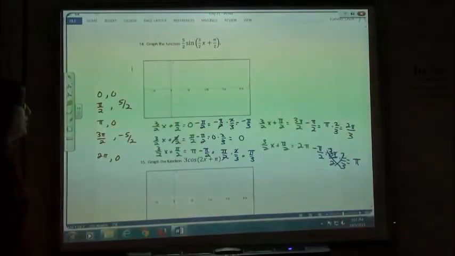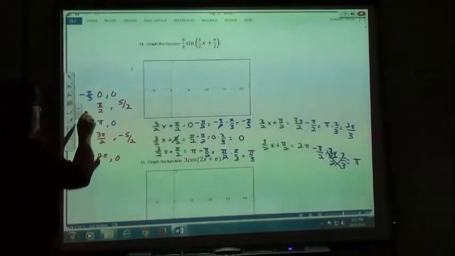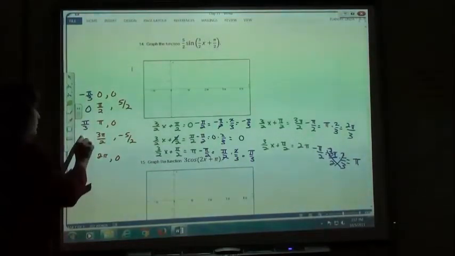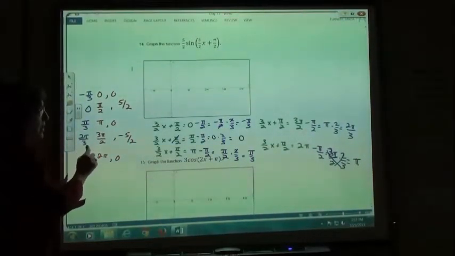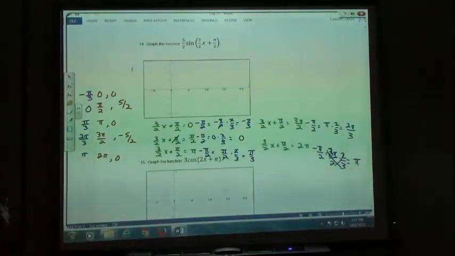So, my new answers: negative pi over 3, 0, positive pi over 3, 2 pi over 3, and pi, which would be 3 pi over 3.